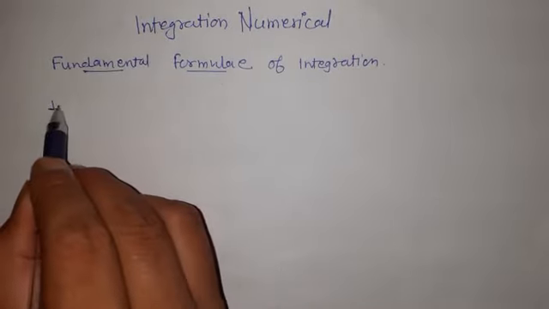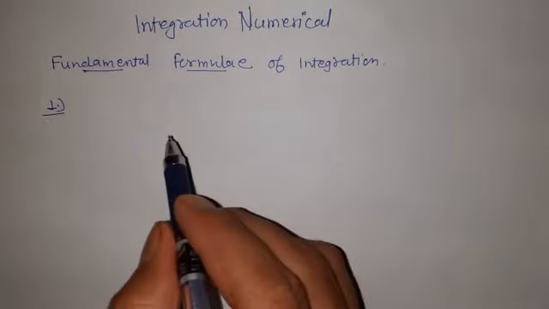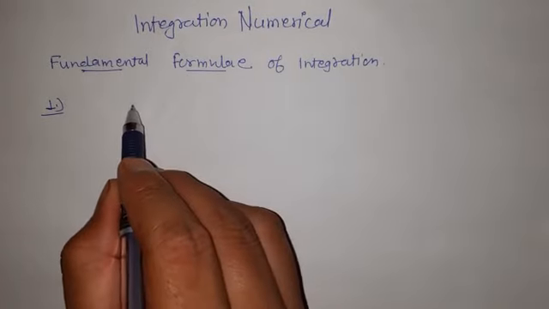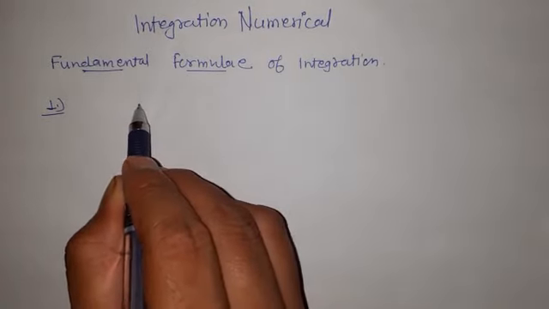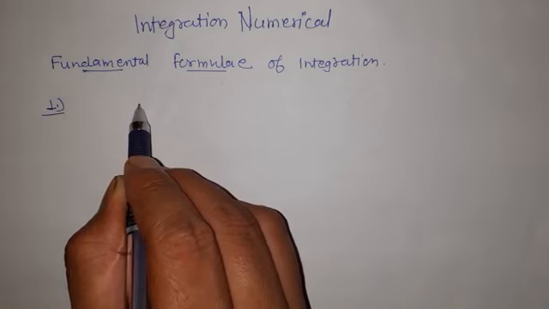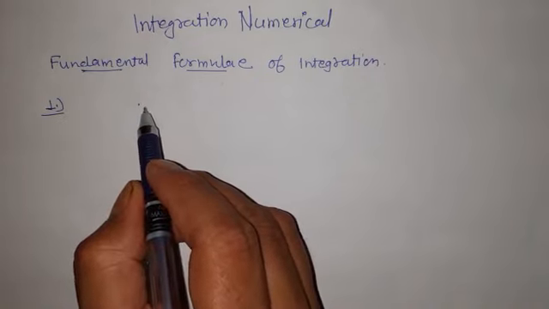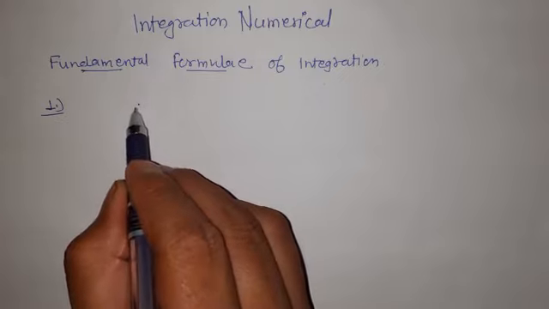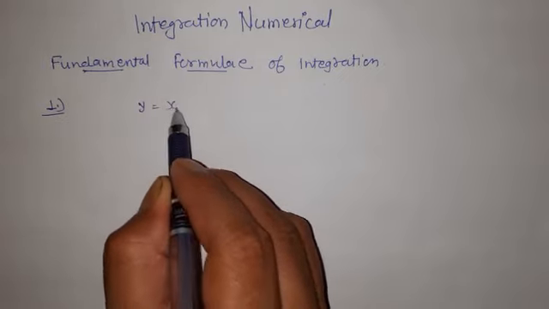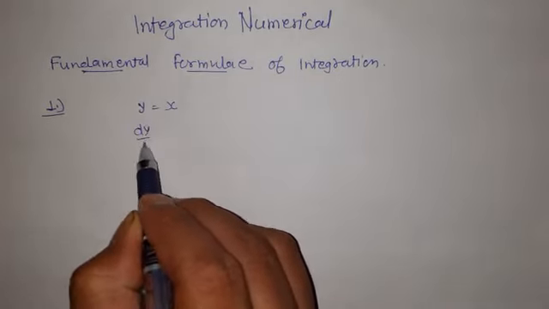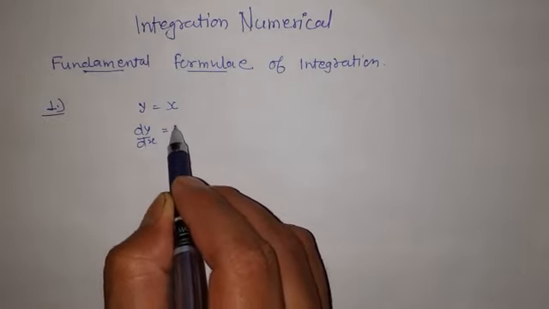So the first formula: if something has its derivative equal to 1, say y is equal to x, then its derivative dy/dx is equal to 1.